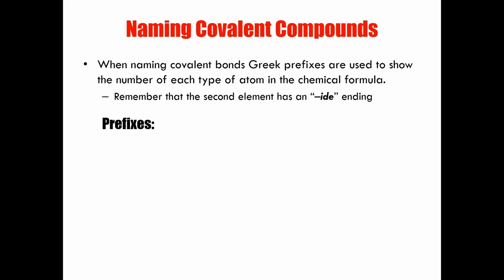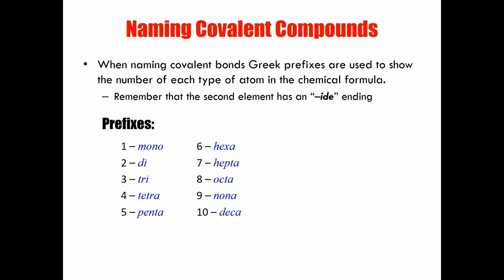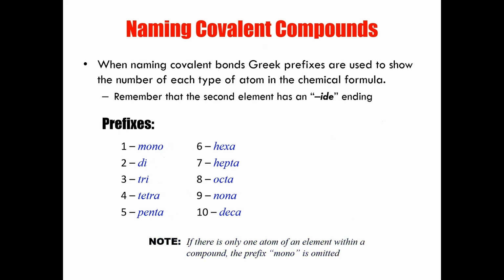And so the prefixes that are used to represent the numbers 1 through 10 are called mono, di, tri, tetra, penta, hexa, hepta, octa, nona, deca. Now, the only prefix that is not used as often as the rest is mono.